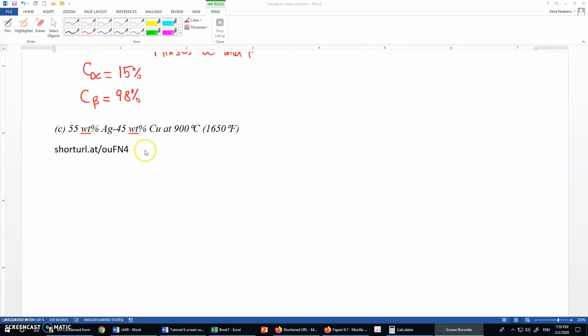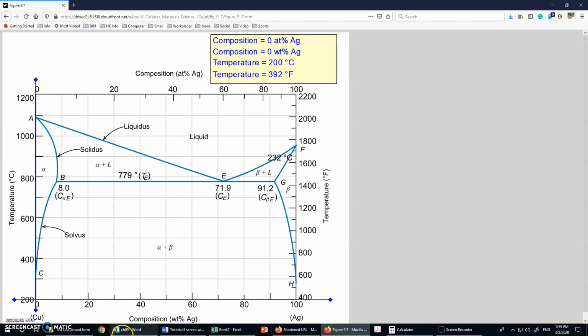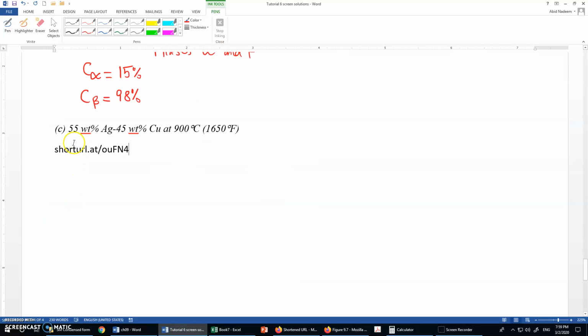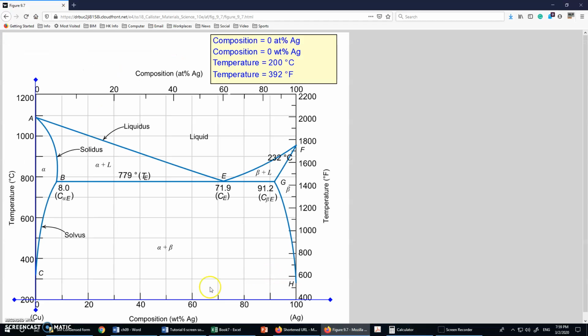Okay, now we do this problem for silver and copper alloy. The phase diagram of silver and copper alloy is here, and 55% silver at 900 degrees centigrade.